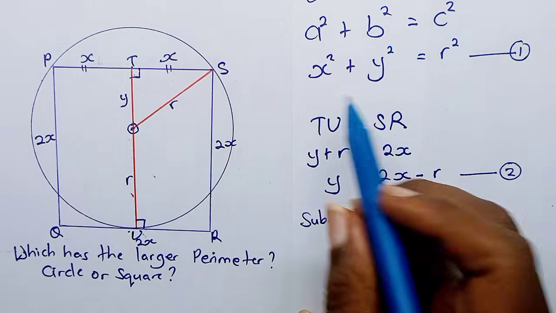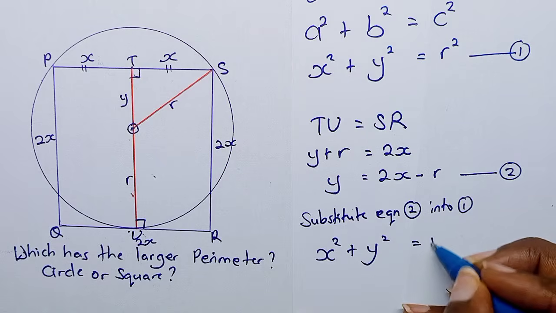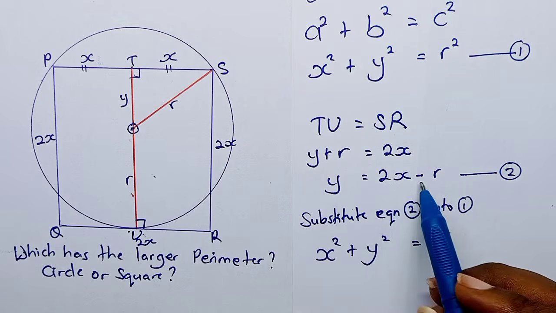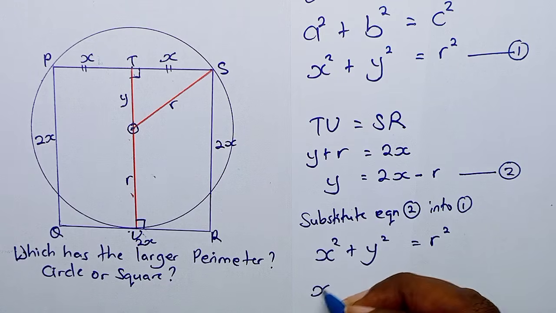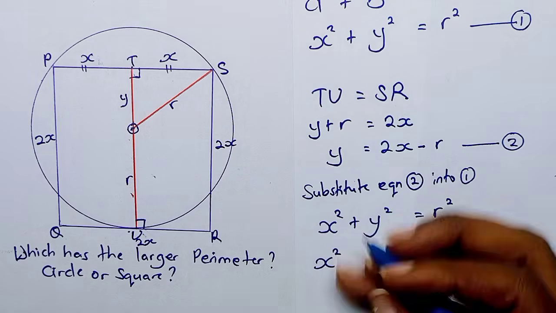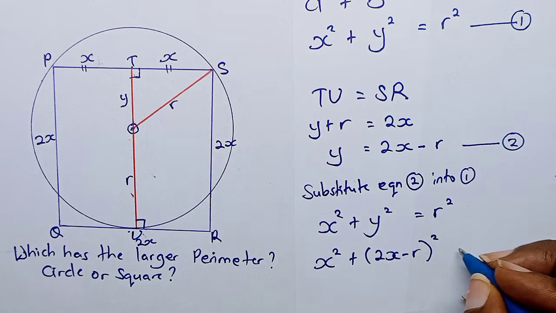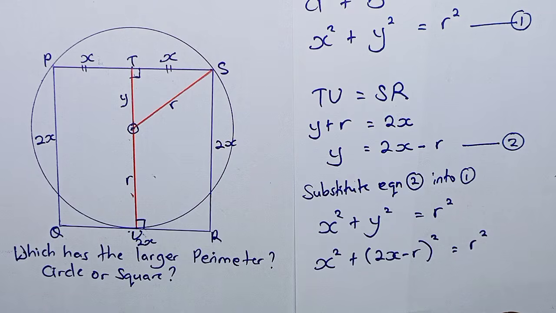Our equation 1 is x squared plus y squared is equal to r squared. But according to equation 2, y is 2x minus r. So we replace for y. So we shall have x squared plus (2x minus r) all squared is equal to r squared.